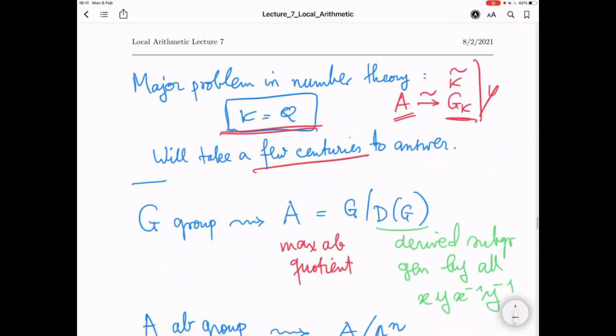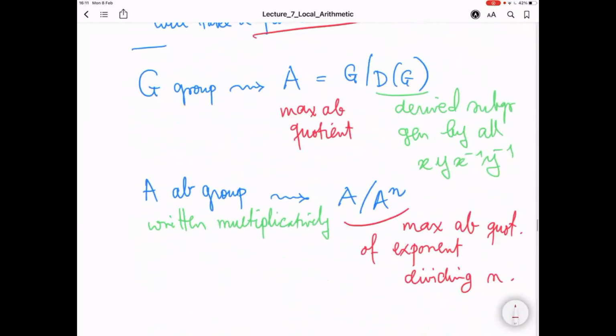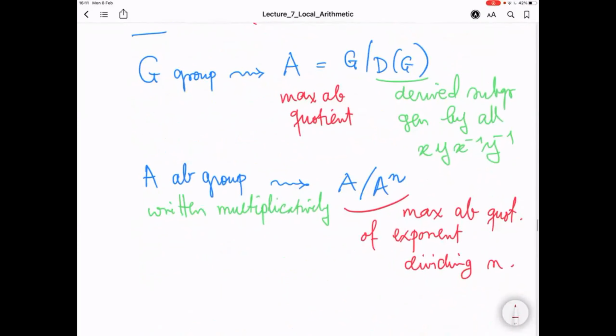Okay, so when you cannot understand a group, you might want to understand some small pieces or quotients of that group. If you have a group G, then you have the maximal abelian quotient of that group. It's defined as follows: you take G and you take elements of this form, xyx^-1y^-1, these are called commutators.